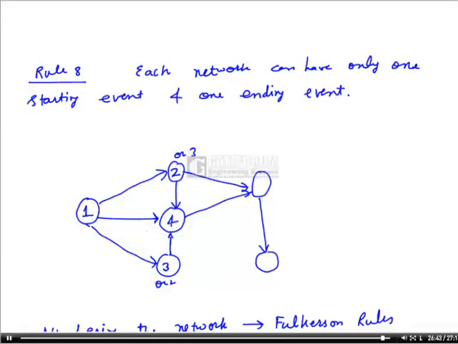When event 4 has occurred, or activity 2 to 4 has occurred, then this will occur. Therefore this will be labeled as 5. So 4 to 5 and 2 to 5 will give event 5, and at the last the final event is drawn. So in this way we draw the network and we number it. This rule is called the Fulkerson rule.